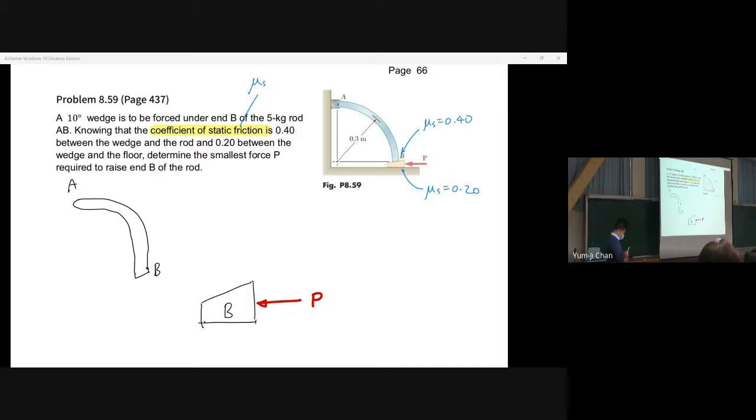And this one is 10 degrees. And this one, the radius is R equals 0.2. So we have a picture here. Let's do it bit by bit. Let's draw the forces.